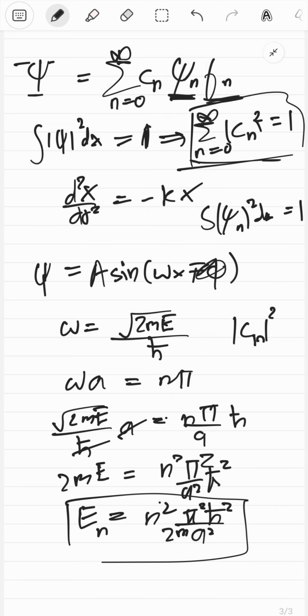This can be interpreted as the probability of the energy being in the nth state, basically. So the nth state has the wave function as this quantity, multiplied by something. That something is basically the probability of your energy being E sub n, right?